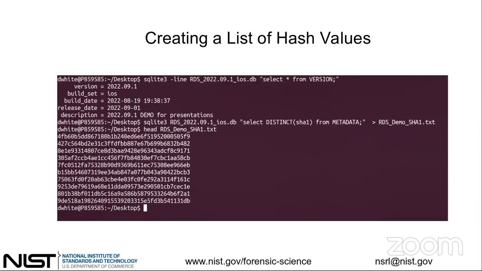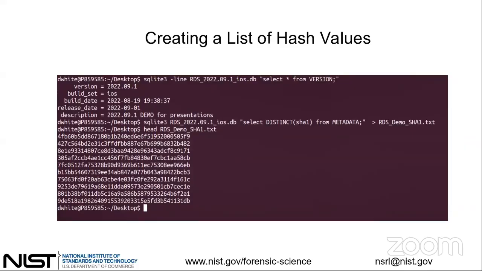The second command there says select distinct SHA-1 from metadata. That's a simple command. You can also do MD5, select distinct MD5, or select distinct SHA-256, and output that into the file of your choosing. I chose RDS demo SHA-1.txt.